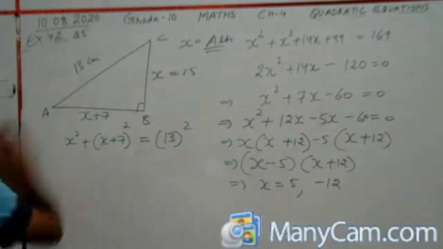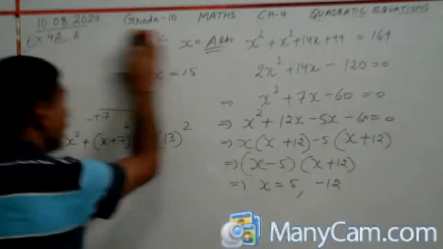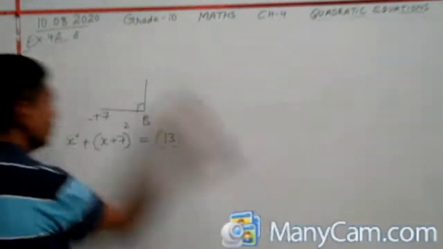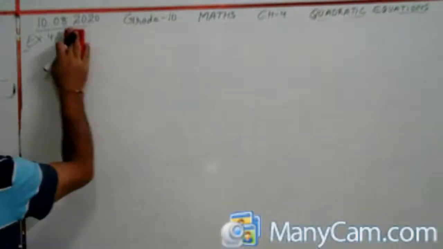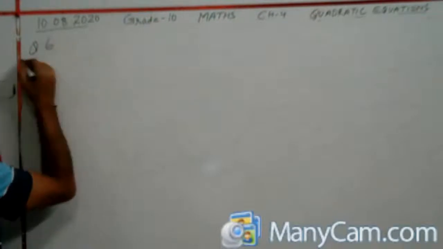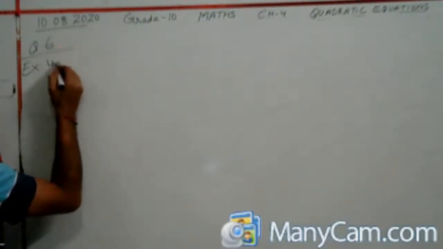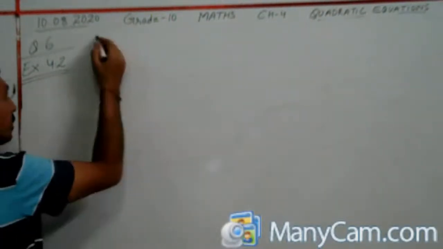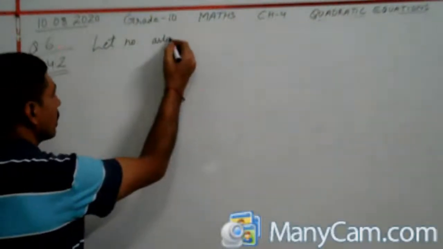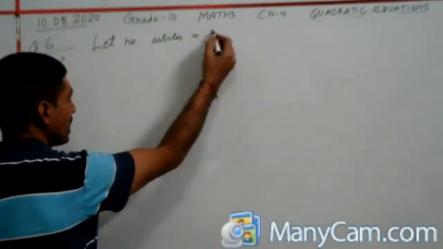Time is almost over. Let's discuss only the sixth question. I can frame the statement for you. It's the last question of Exercise 4.2. So according to question, let the number of articles produced be x in numbers.